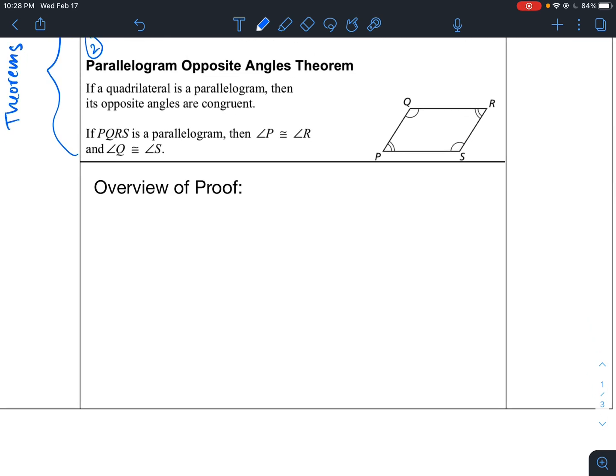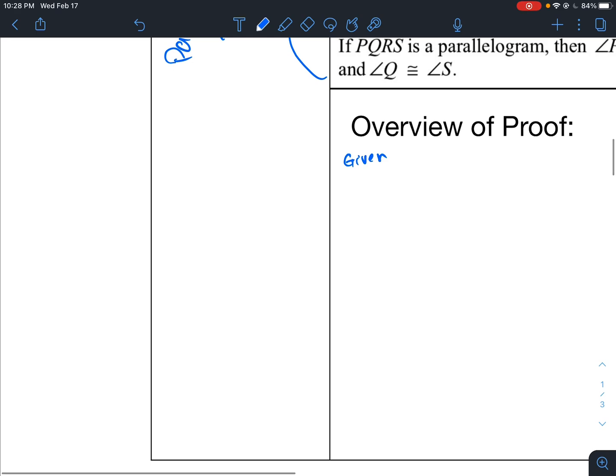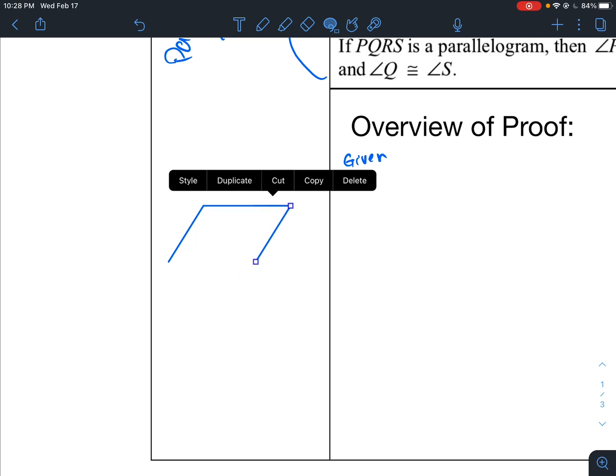So for this proof, let's start with what's given to us. Let me draw a figure over here. I'm going to draw a parallelogram right here. I need to draw parallel lines.